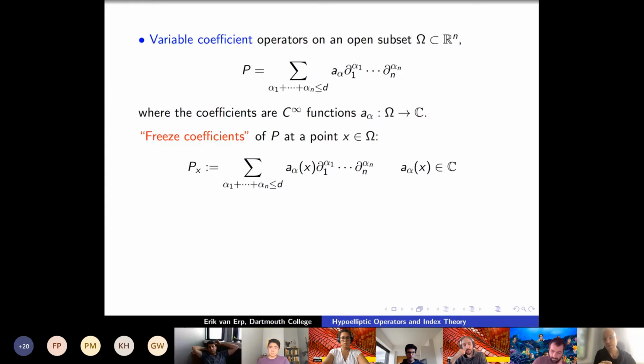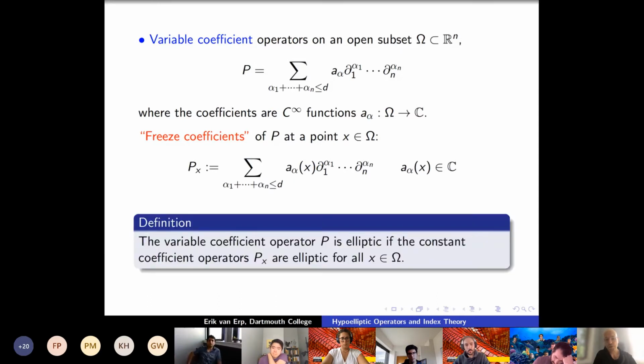The idea is that in a small neighborhood of x, the operator P and the constant coefficient operator are almost the same. They will be very close. Now, hypoellipticity is a local condition. It's a local property of the differential equation. So as it turns out, if you want to prove hypoellipticity of P, it suffices to prove hypoellipticity for these constant coefficient operators.